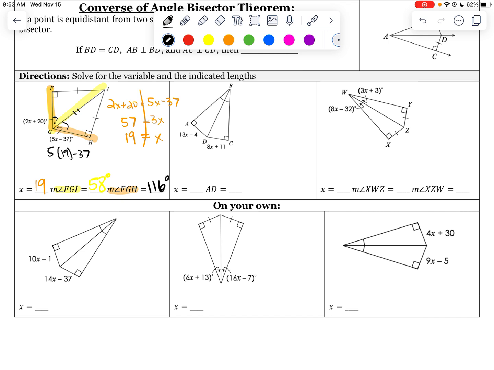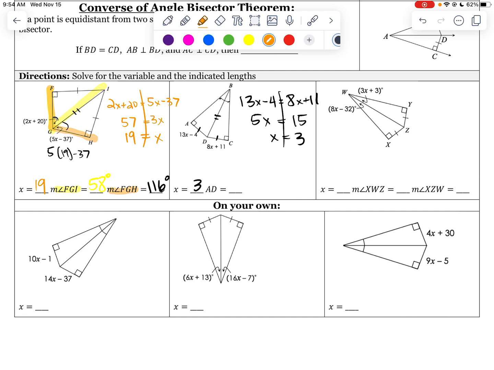Great. Yet again, right angles. These are going to be equal because it tells me these two angles are equal. So this is more angle side, but we're proving that these two triangles are congruent. So yet again, I can do 3x minus 4 equals 8x plus 11. 5x equals 15, x equals 3.